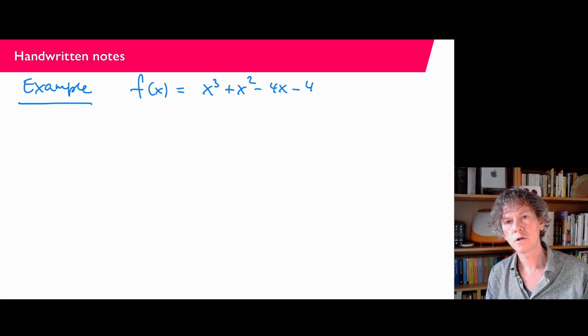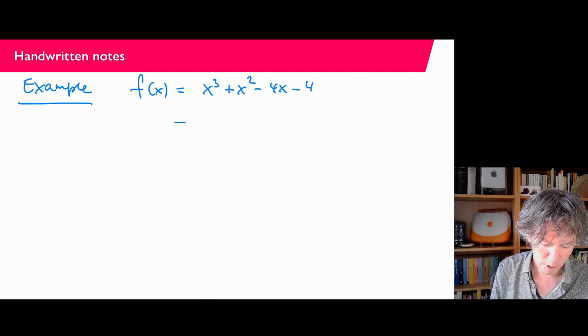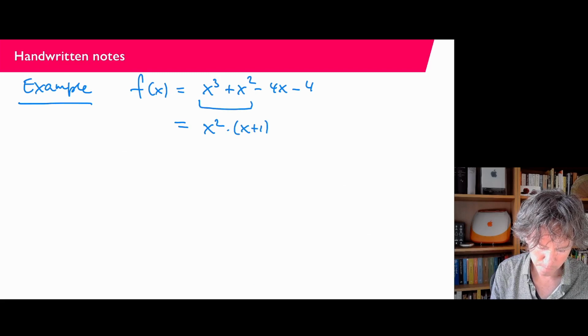This one you can also write as a product of lower degree polynomials. It's maybe a bit more difficult to see, but what I can do is in the first two terms, I'm going to write them as x squared times x plus 1.